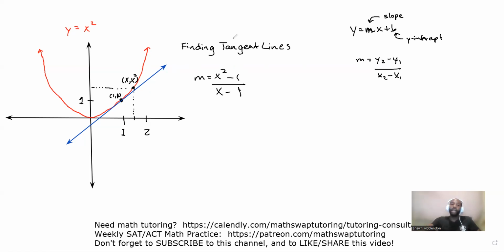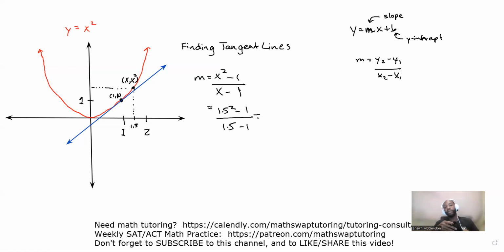Now, say for example, I'm going to add this number in. Let me get my calculator here in case I need it. Say that the point we chose was x equal to 1.5. That would literally be 1.5 squared minus 1 over 1.5 minus 1. Give me a second here so I can zoom in on my notes, because I do take notes before I do these videos for the most part.